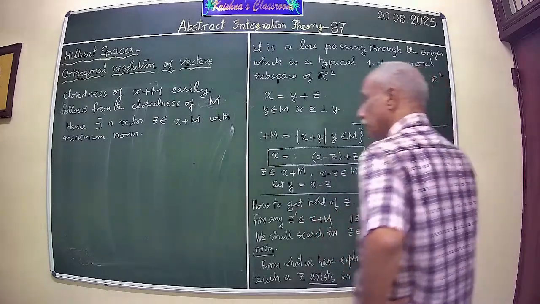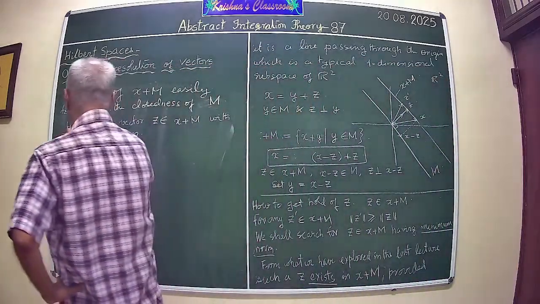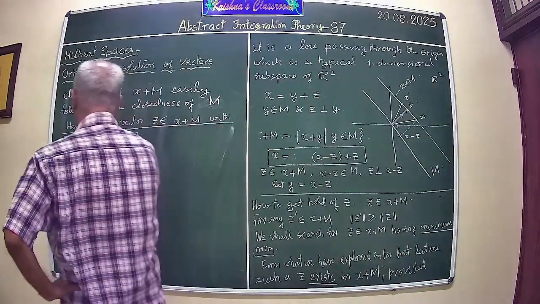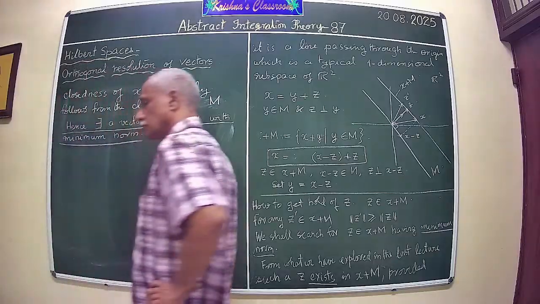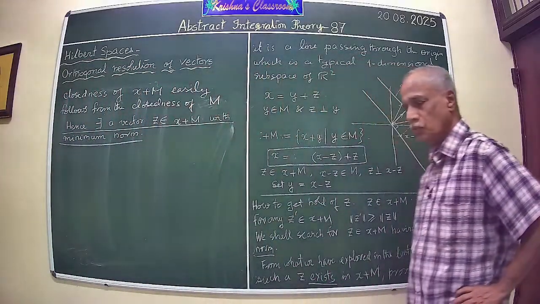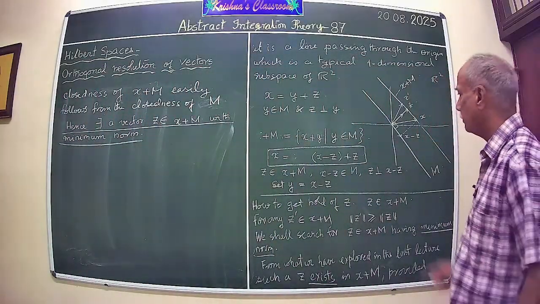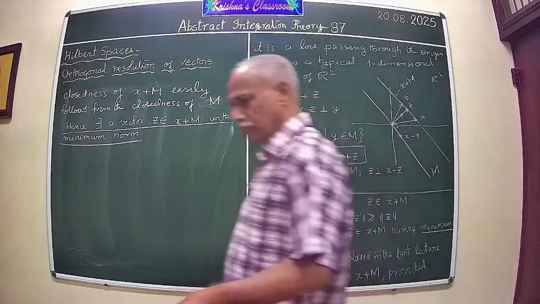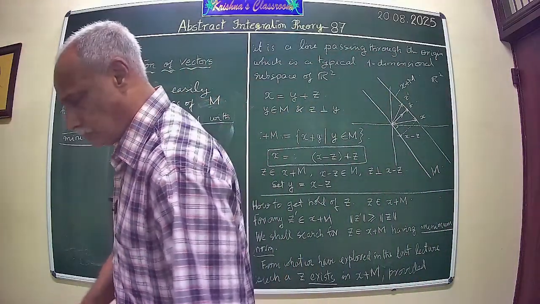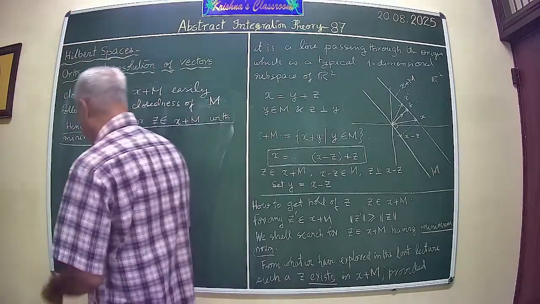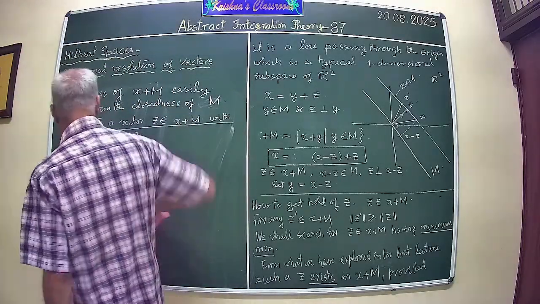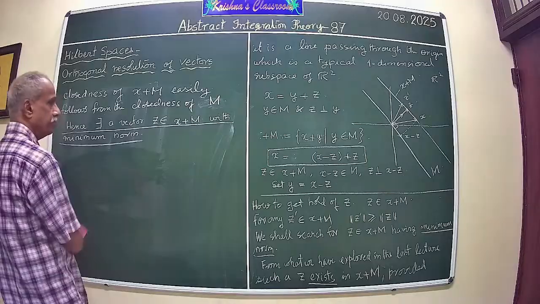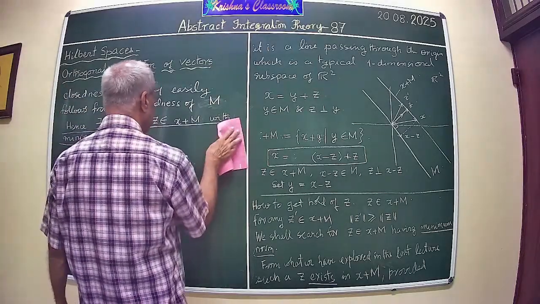So this is how you work it out. But the important part is to show that. So let us now state the main theorem. Okay. So that is in R2. You can directly see in your diagram all these properties.